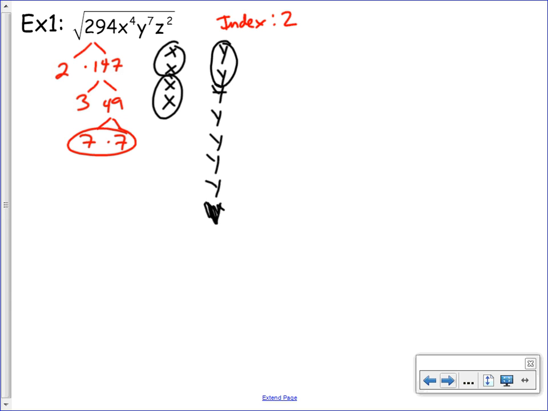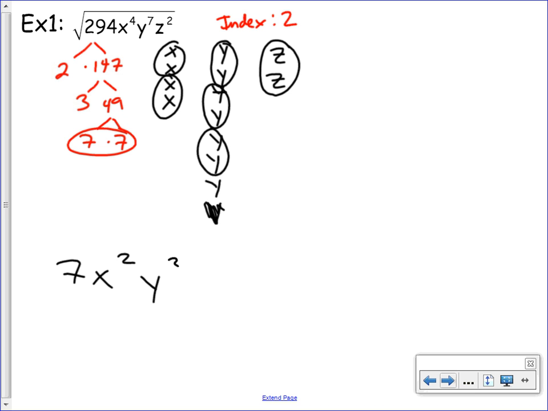So 3 groups of 2, and 1 will be left over. And then there'll be 2 z's, and 1 group of 2 is left over. So outside the house is 7x squared y cubed z, and the root of 6y stays inside.